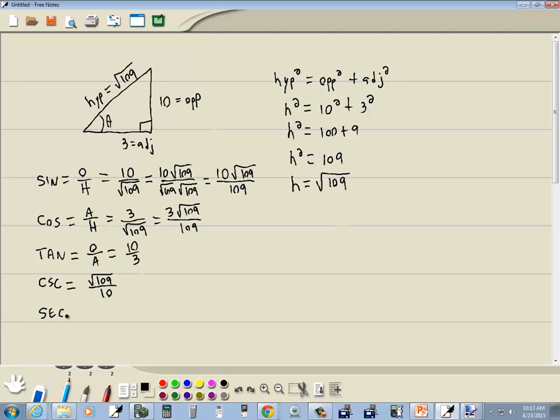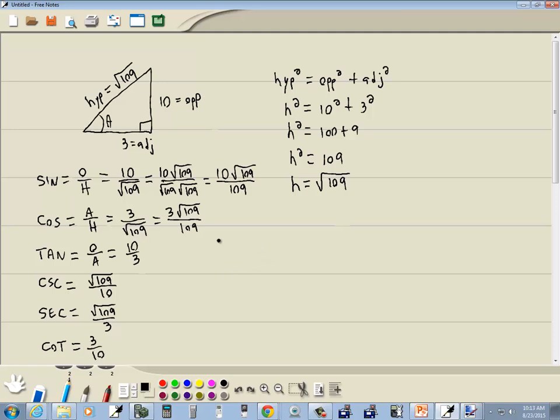Now secant. Secant will be cosine flipped. And again, if you pick the appropriate fraction, then you don't have any other work to do. I'm going to pick this fraction right here. So secant will be the square root of 109 over 3. And cotangent is tangent flipped. So that would be 3 over 10.